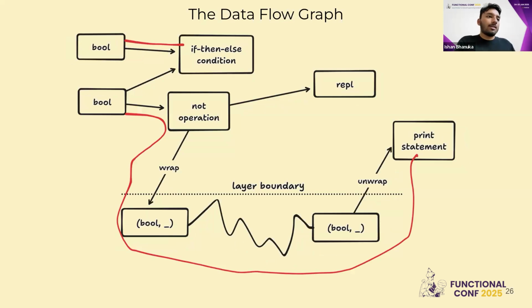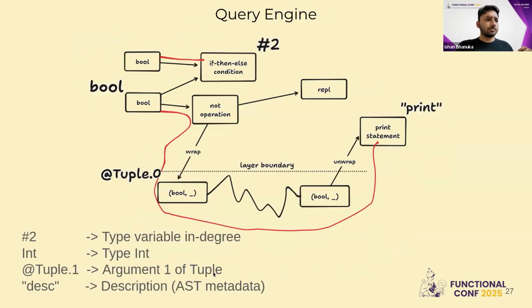And what we get by creating this graph is that we can find straight line or linear paths. We can linearize the data flows as straight lines. And the moment we can convert them into straight lines, these red lines, for example, I can do something as simple as regex based search. So the notation that you saw that I was using is something like a regex for semantic search, right?